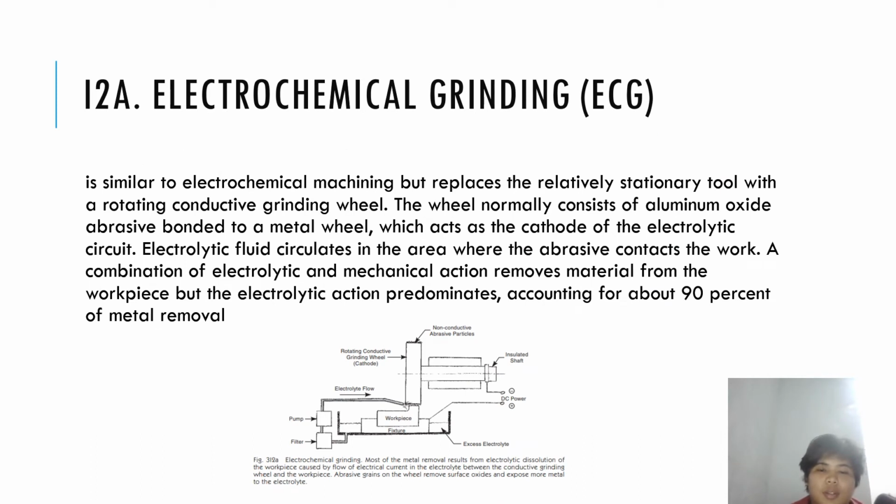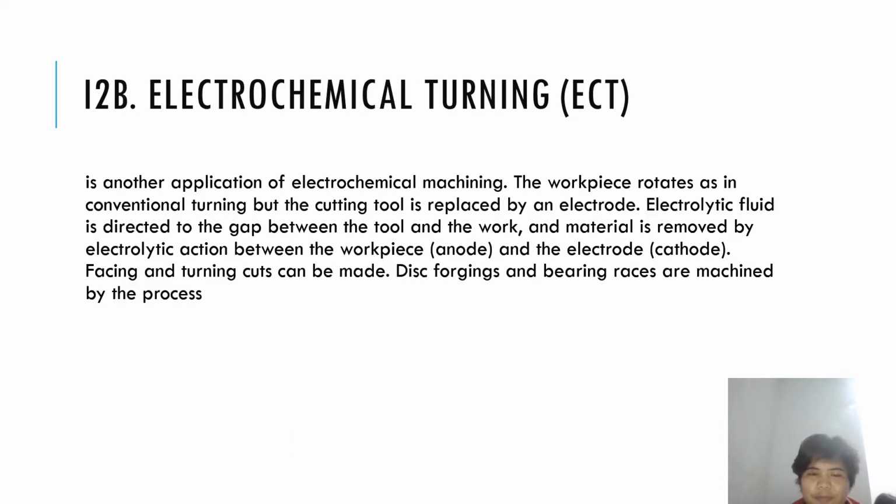Electrochemical grinding is the same work, but it uses a bit of the principle of electrochemical. And electrochemical turning, or ECT, is like electrochemical machining. The workpiece is rotated as in conventional turning, but the cutting tool is replaced by an electrode, so it's the same as turning on a machining lathe.